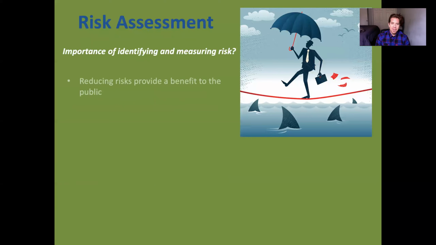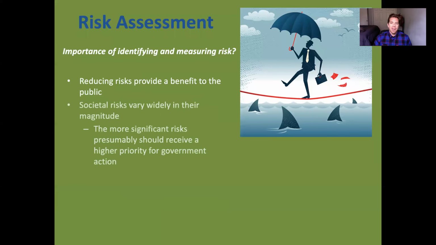What's the important aspect of identifying risks? Well, again, as I already mentioned, of course, having fewer exposures to risky events is beneficial to the public. And again, different risks vary significantly in their magnitude. I like to surf and go in the ocean in general, and some of you might enjoy going to the ocean.